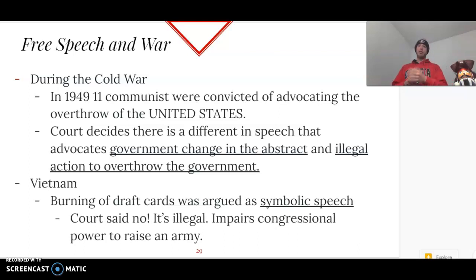And you will see here that burning of draft cards in protest of the war is not going to be protected. Punishment for burning draft cards is going to be upheld by the Supreme Court because it is preventing Congress from doing one of their major powers that we see in Article 1, Section 8, the power to raise an army. All right, so let's get into it.